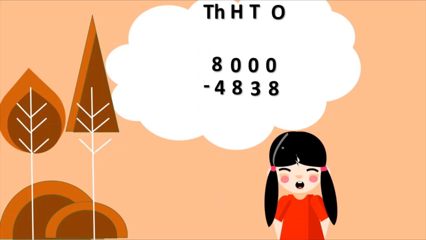So it is not possible for the digit in the ones place to borrow from the tens place. Similarly, it is not possible for the digit in the tens place to borrow from the digit in the hundreds place. So first the digit in the hundreds place borrows 1 from the thousands place to become 10.